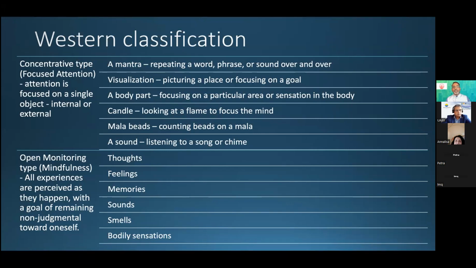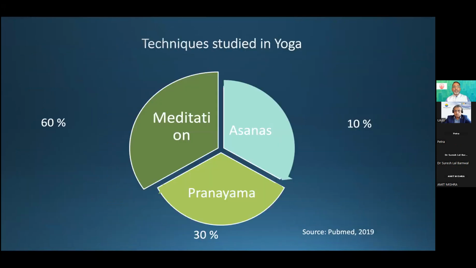People have used a mantra, repetition of a word, or visualization, or different body parts through sensation, as tools for concentrative meditation, while open monitoring types have used going over the thoughts, specialized ways of understanding feelings, and using memories, sound, smell, even body sensations as a means of meditation.